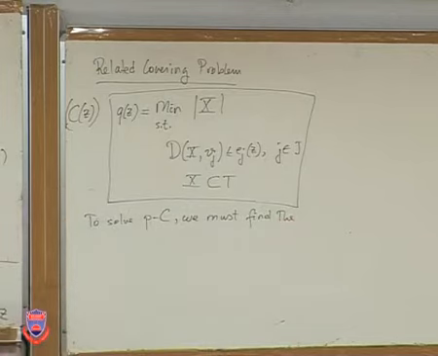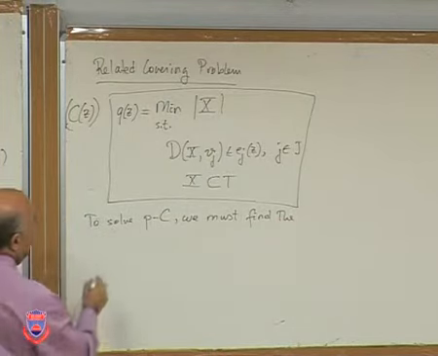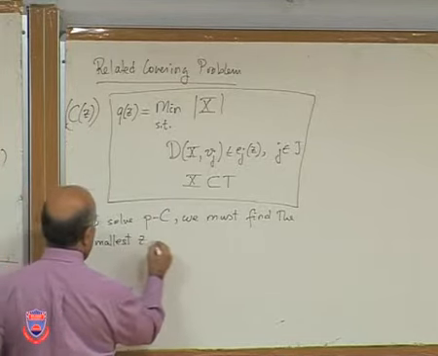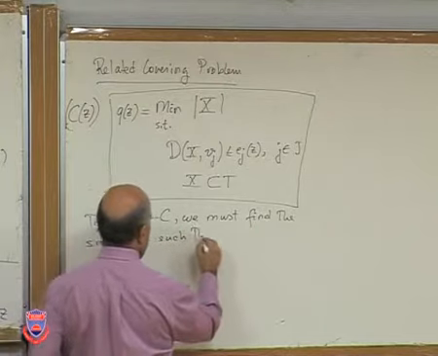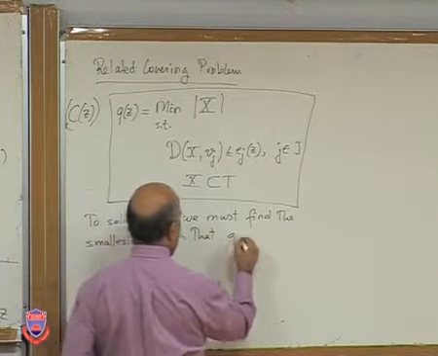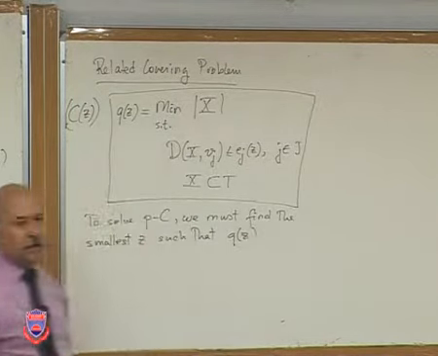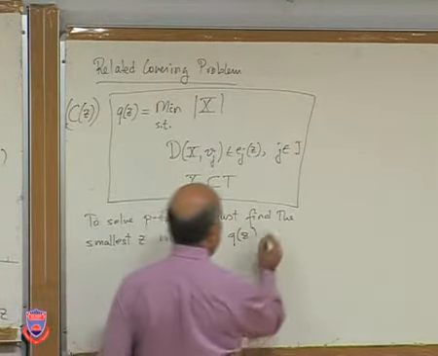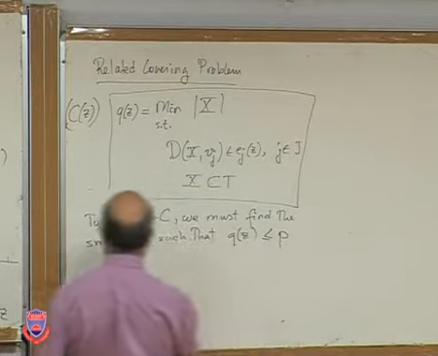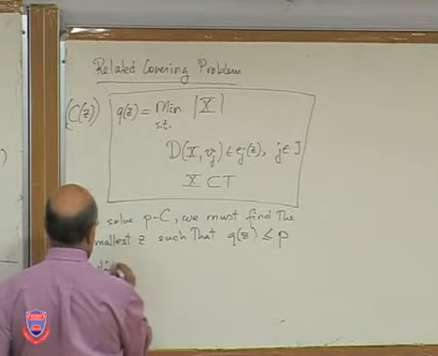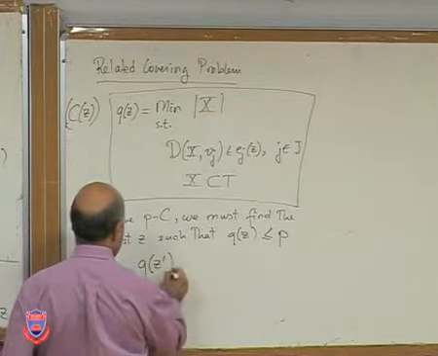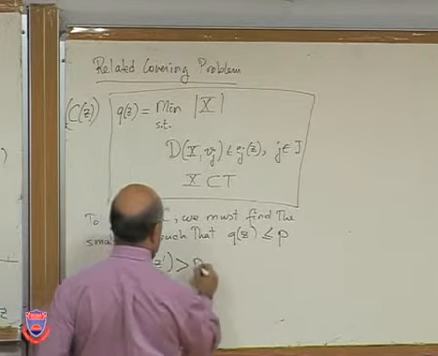So to solve the p-center problem, you need to find the smallest z such that the minimum cardinality for that is how much? Less than or equal to p, while any smaller value will give greater than p.